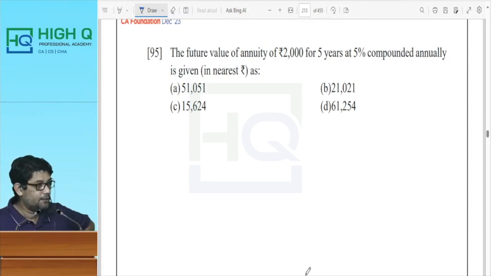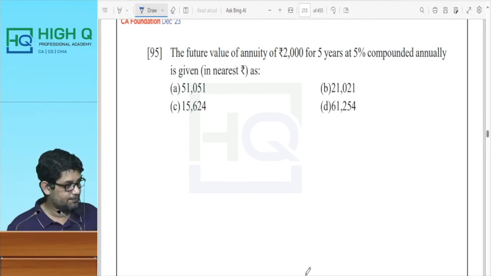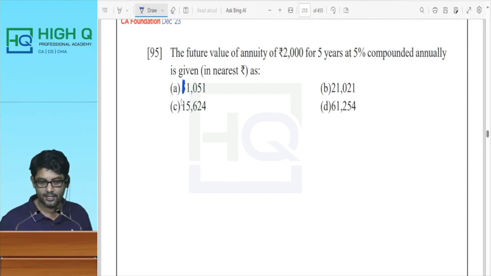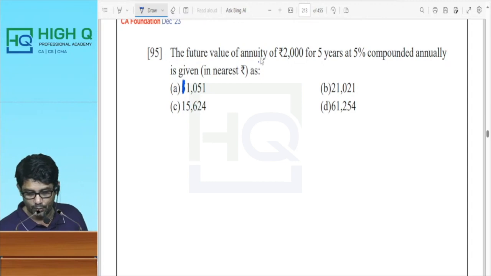Option A. Which one? 11,051. There may be a printing mistake. The future value of annuity, 2,000 rupees. Yes, option wrongly printed. 2,000 for 5 years at 5% compounded annually is given.